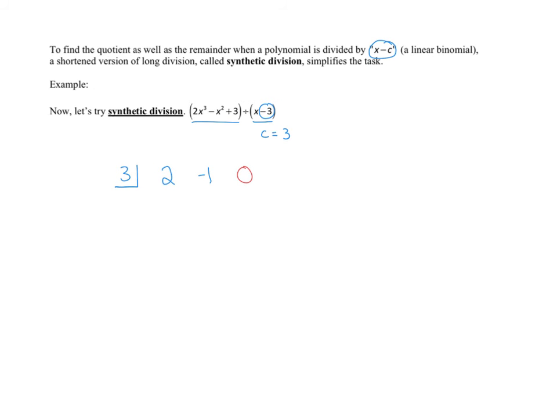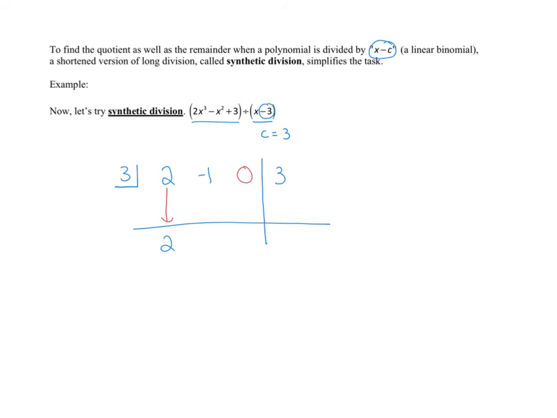And then I put a 3. Then I make a vertical line between my last two numbers, and I leave space for another row of numbers and make a horizontal line. Then what you're going to do is take the very first number, not counting the 3, the first coefficient, and bring it below the line.